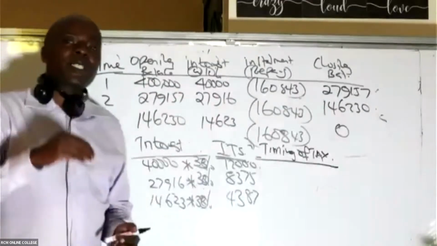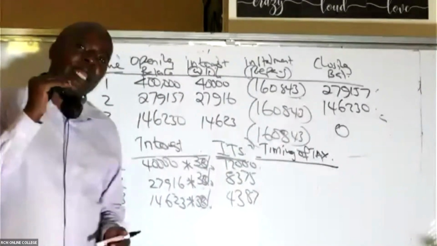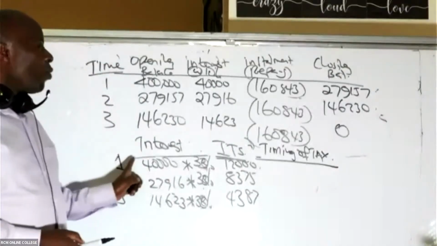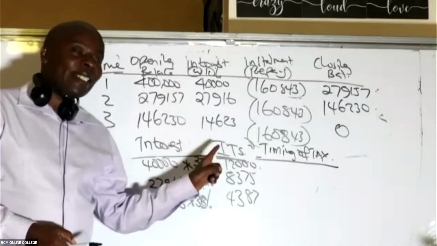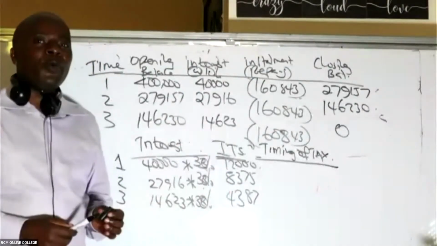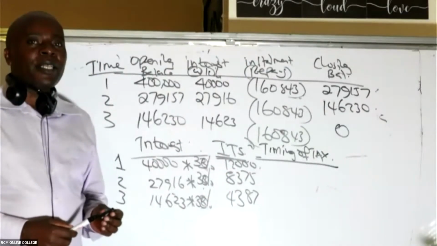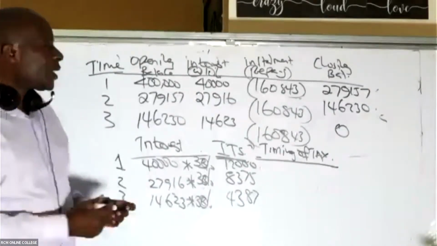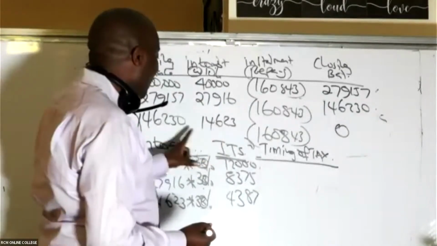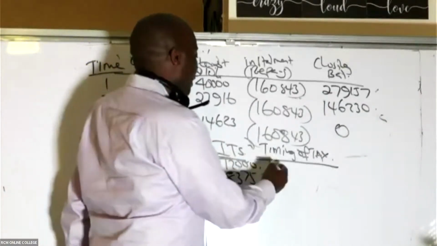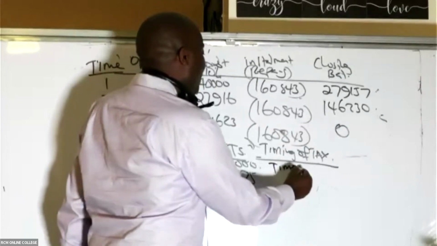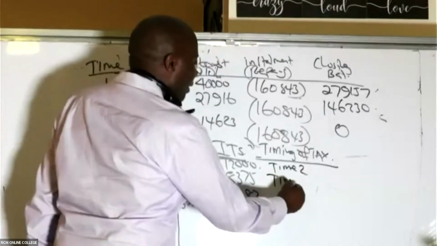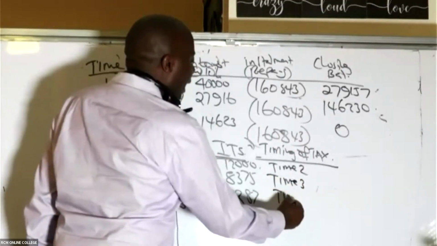So if this value is being delayed 1 year, it's 1 year in arrears, it means that year one's tax will be paid in which year? The following year. So this tax will be paid in time 1, year 2 will be paid in time 2, this one here in time 3, and this one here in time 4.